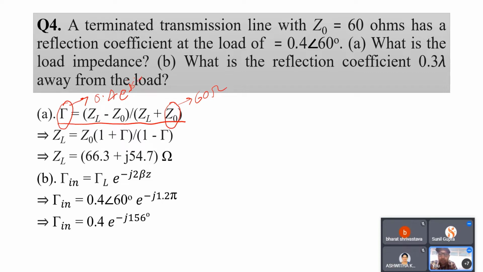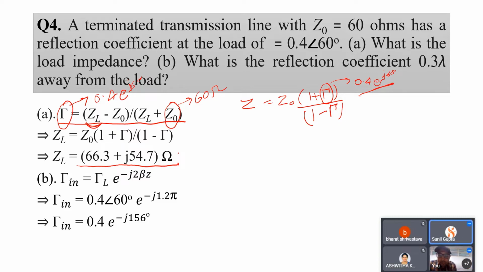By using this formula you can calculate Z L, which is given as Z naught times 1 plus gamma divided by 1 minus gamma. Here you have to put the value of gamma, both magnitude as well as phase.